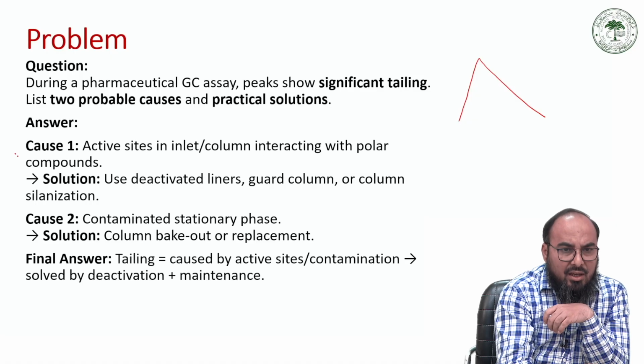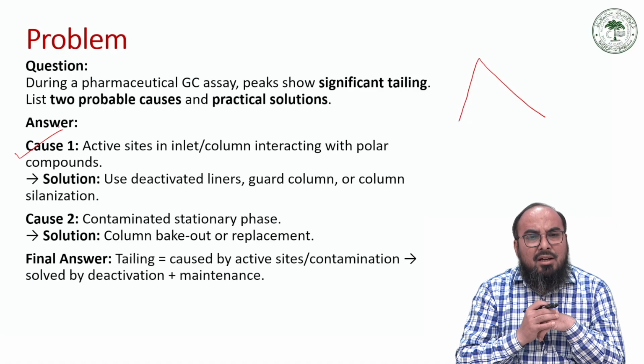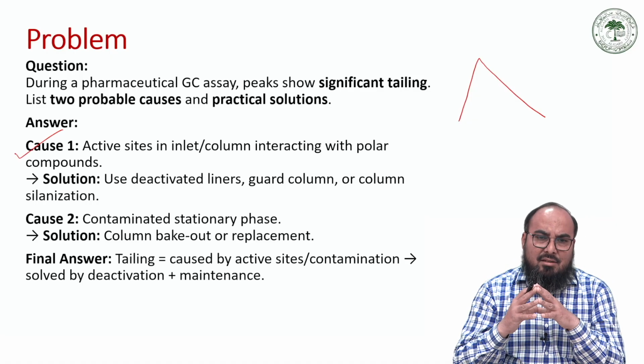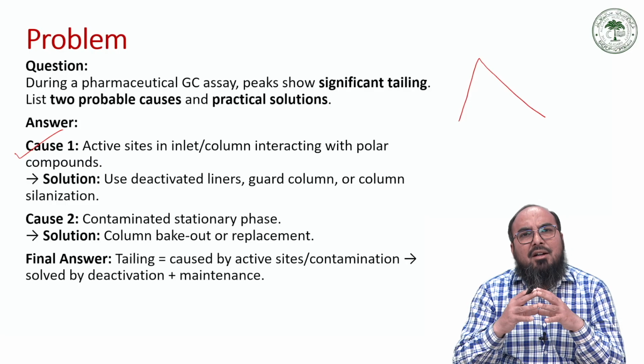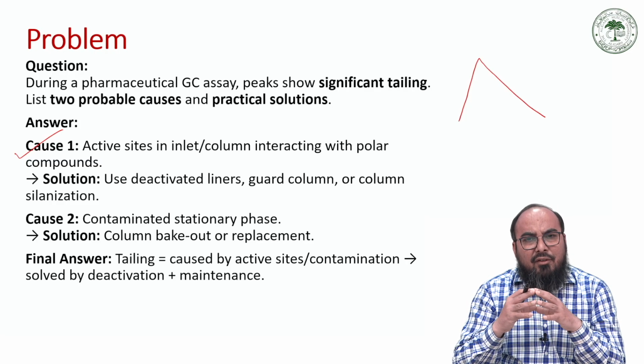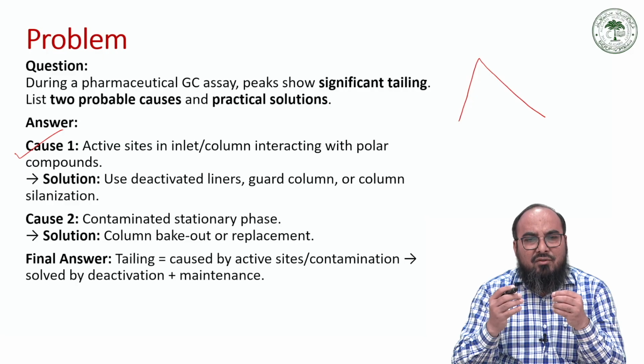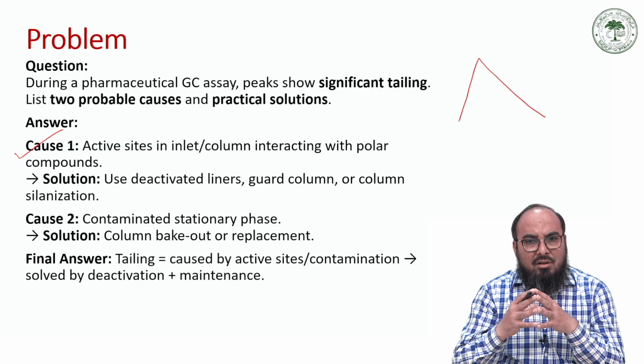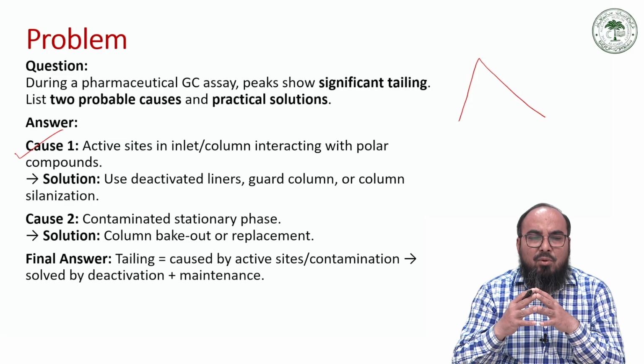The first probable cause may be that active sites in the column interact strongly with the compound. If your analyte is polar, then the stationary phase must be polar, and because of that the interaction will be stronger. So the active site is blocked or has a strong interaction.